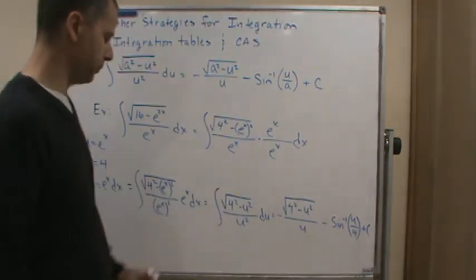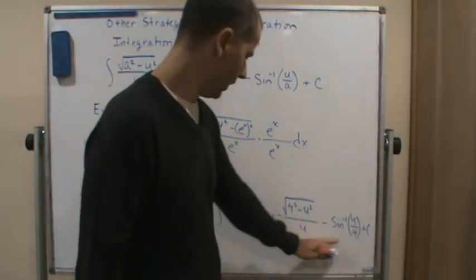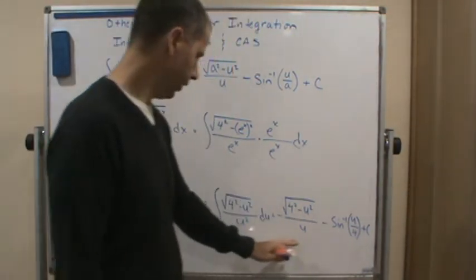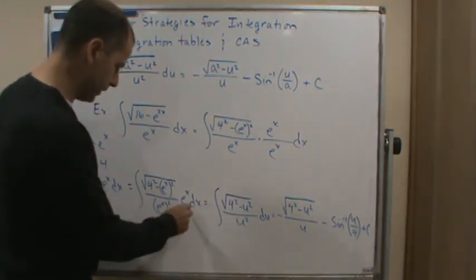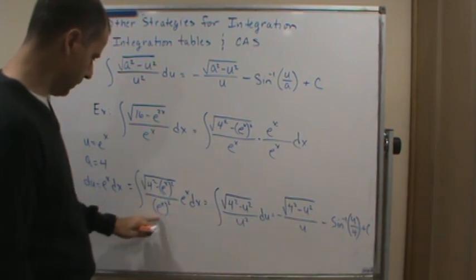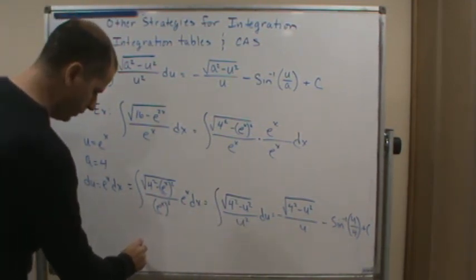Then I just have to plug back in what u is. Once you get to this part, you're done, and you just stick back in what u is. But if you already know what u is, this is my du, this is my u, and this is my a, then you can just go ahead and do it directly.